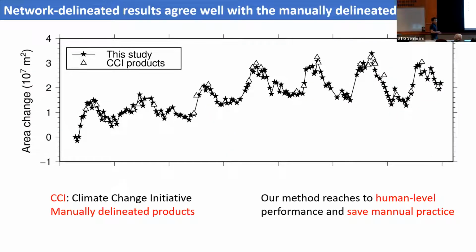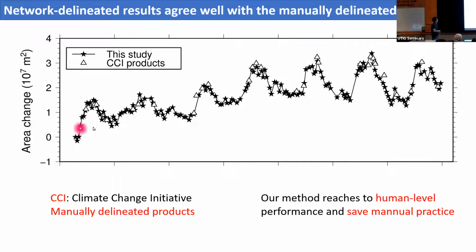We compare our machine-picked terminus with the human-picked terminus because it is a human-supervised deep learning method. The performance of the network-delineated terminus can be as close as human level, but cannot be better than that.